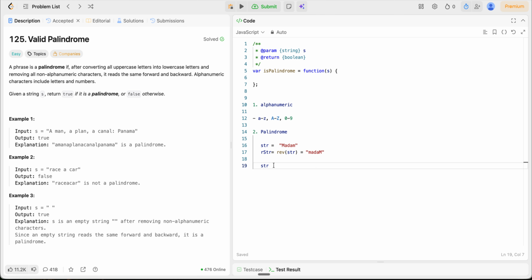If str of 0 double equals r str of 0, they are not equal, right? This is capital and this is small. Either we can convert both of them to lowercase or to uppercase. In that case, we will be able to check if both are the same letters irrespective of the casing. That is all we want to do.